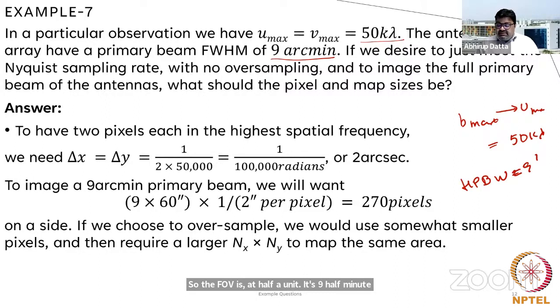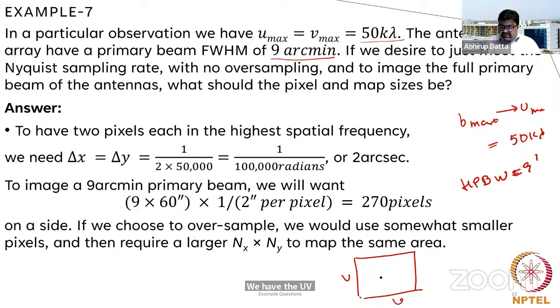And if we desire to just meet the Nyquist sampling rate with no oversampling and to image the full primary beam of the antennas, what should the pixel and the map sizes be? Essentially we just discussed this. When we do the imaging, we have the visibility in the UV grid.